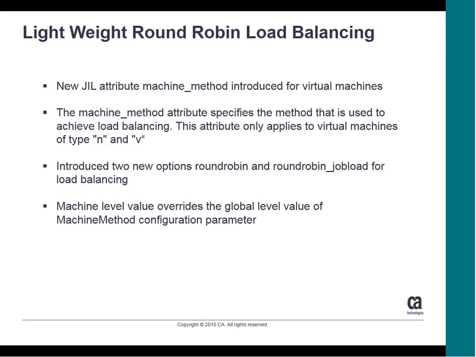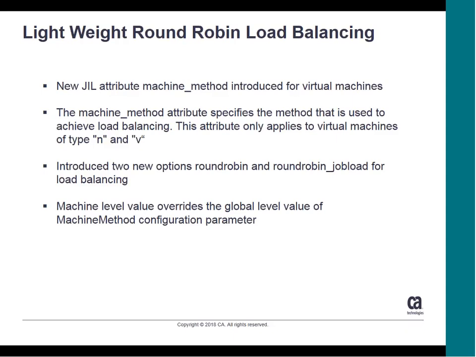Now what we have done is we have moved that configuration closer to the machine definition itself. So you can now make it virtual machine specific, and in that case, whatever machine method has been defined will be taken into account when it schedules the jobs to the real machines defined against the virtual machine.